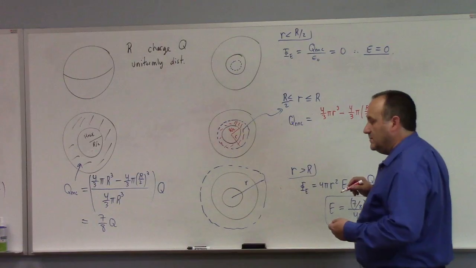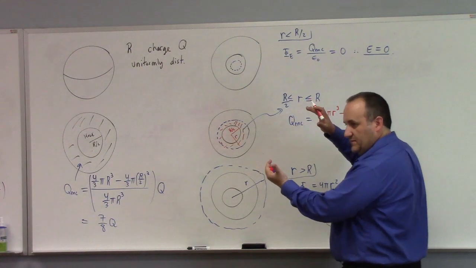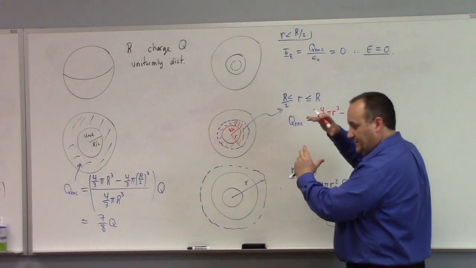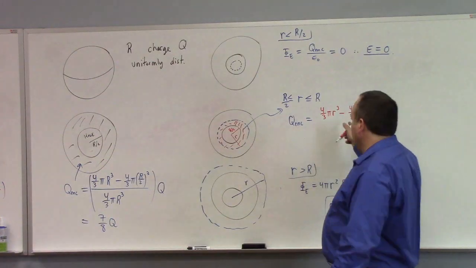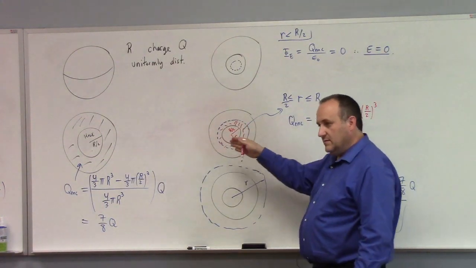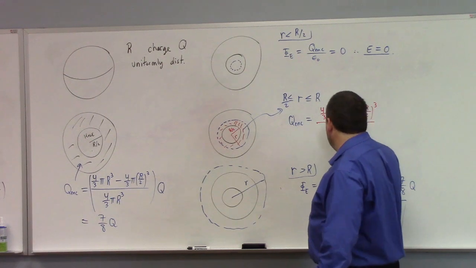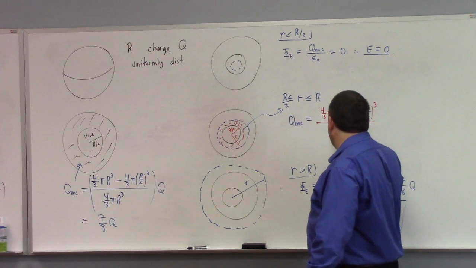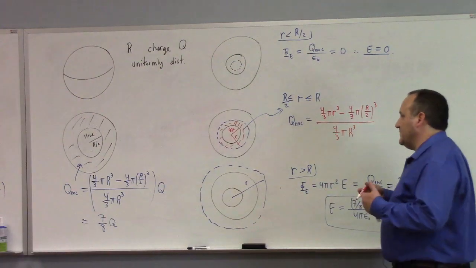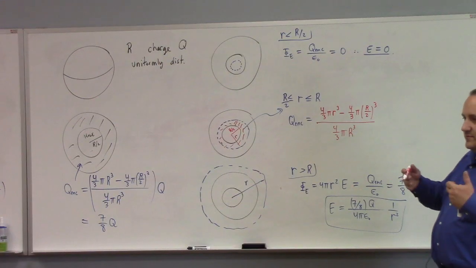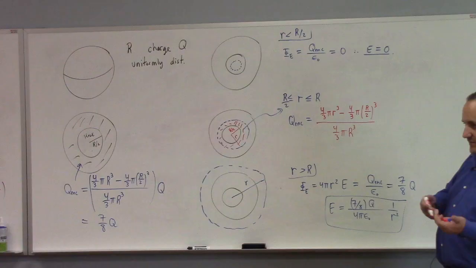This here is R over 2, by assumption. So the difference of the Gaussian sphere's edge, the ball that bounds, and the ball we cut out, which is at radius R over 2, that's the volume of that shell. And of course I divide by the total volume, which is 4/3 pi R cubed. That doesn't give me the density, excuse me. That gives me the ratio of the total volume which the shell takes on. We take that ratio times the total charge, which gives us the charge in the volume.